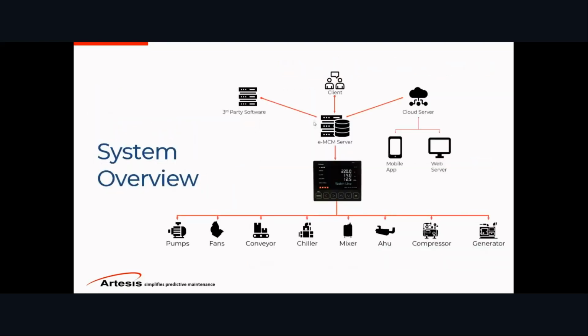But just to quickly go over how this whole system is installed. Basically, for every machine out there, you will need one of these e-MCMs. On the local level, you will install these into the motor control panels or motor control rooms. From there, you communicate to a server through the switch in the substations or motor control rooms.